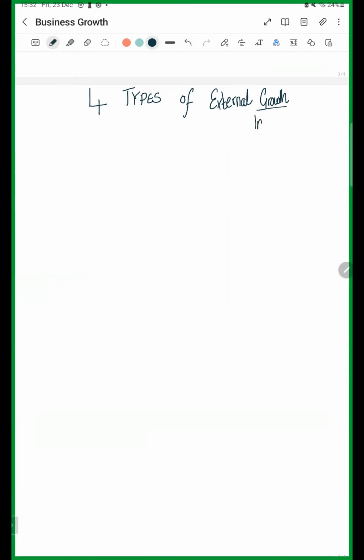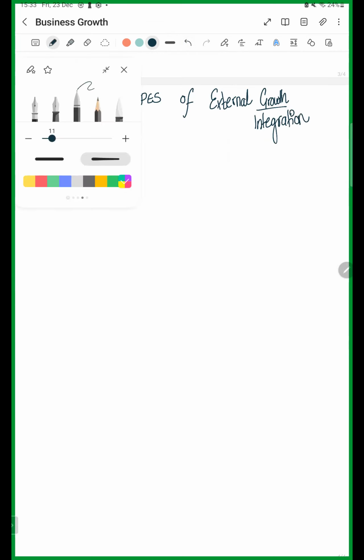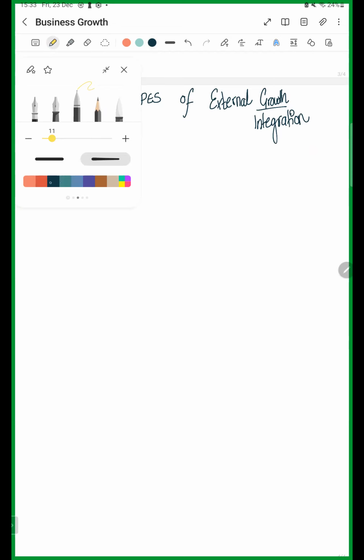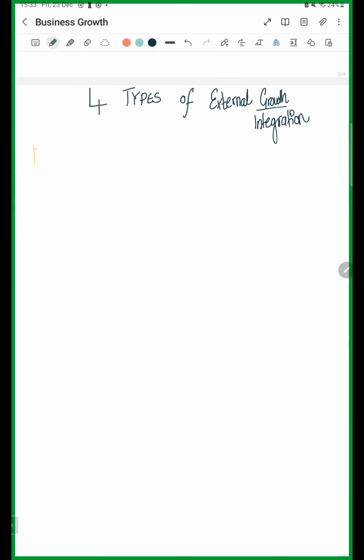One of them could be, for example, do you know the three sectors of a business? Do you know what business sectors are? The primary, secondary, and tertiary. Yes, exactly, absolutely.